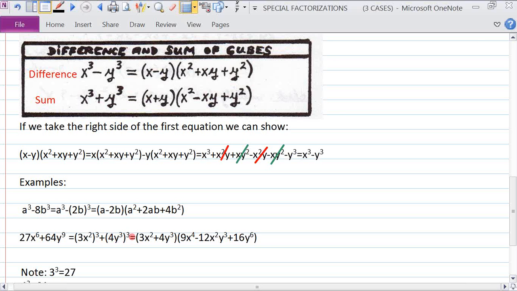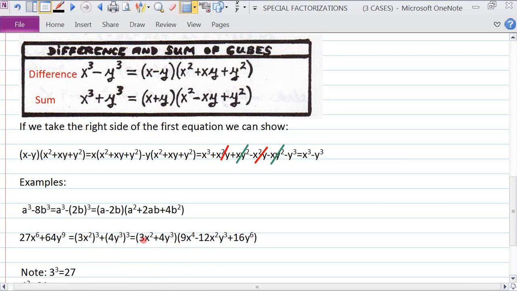64 is 4 to the power 3 when we put this in brackets. And the 3 here times the 3 here gives me y to the 9th. So now I write this individually, 3x squared plus 4y, 3x squared plus 4y cubed, this term plus this term.